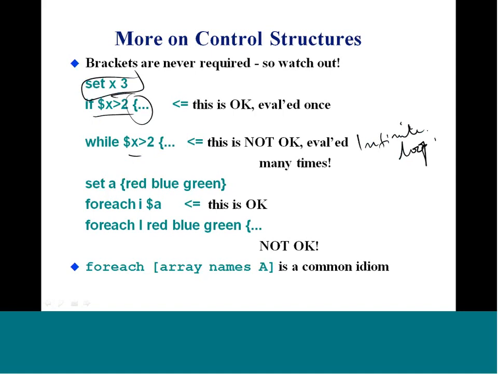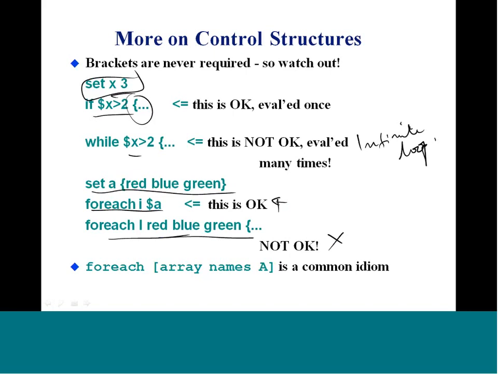Now here we set A as the list of red, blue, green. Now say we say foreach $a, this is an okay syntax. But if you say the same thing with red, blue, green, then this is not okay.